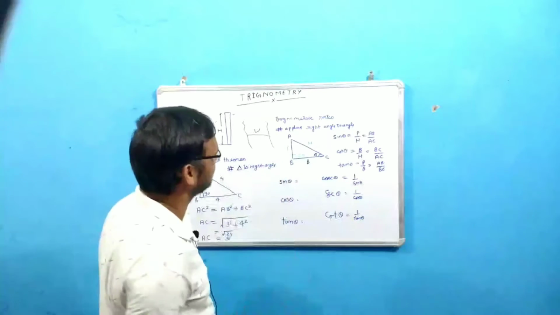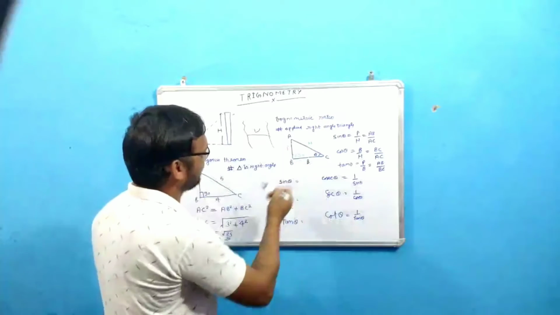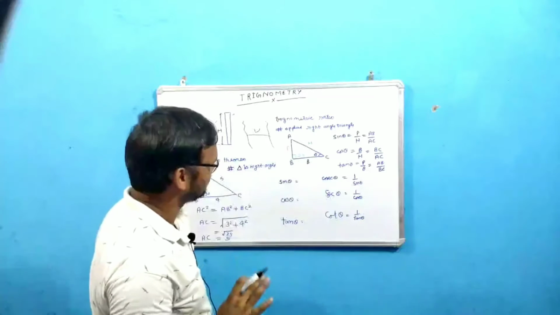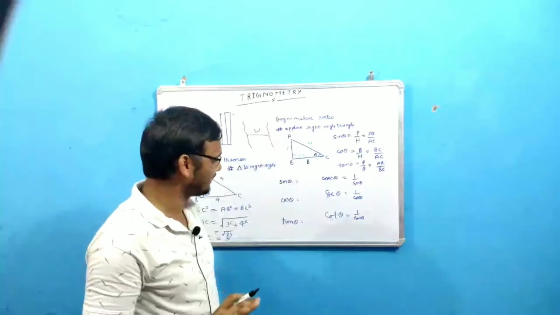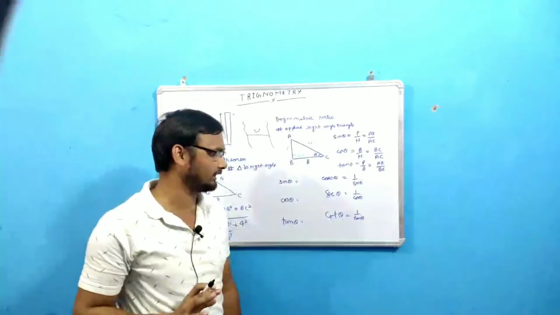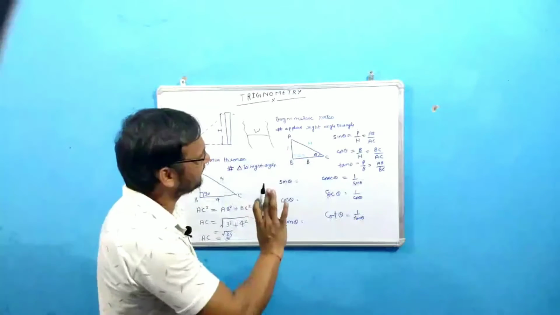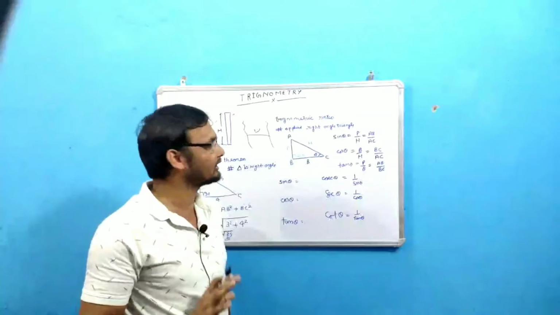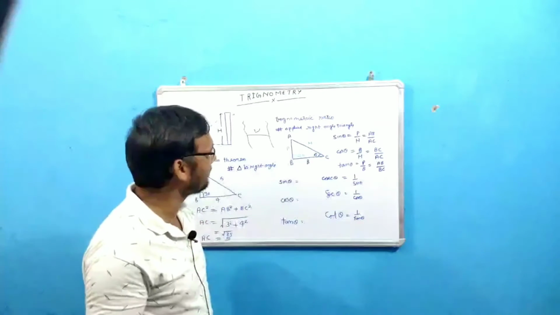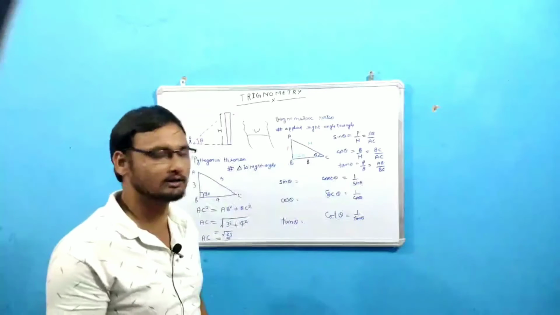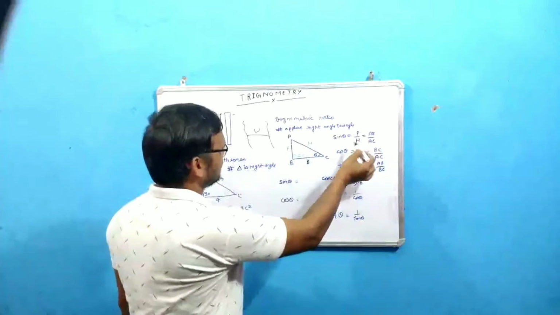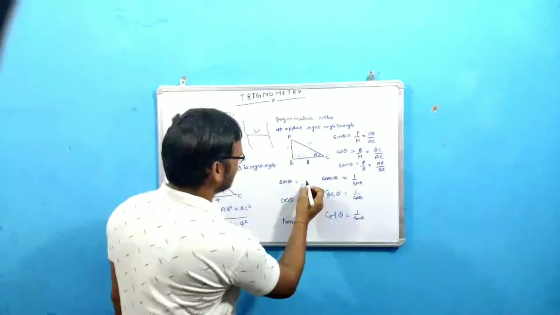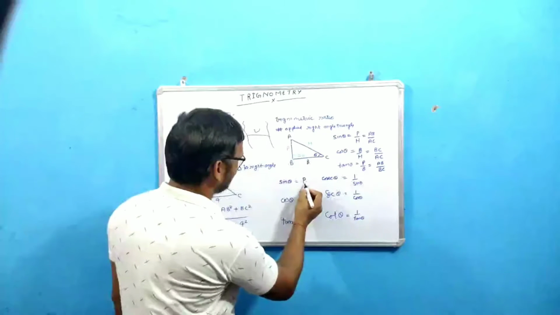We can represent these in different pens and colors. There are some ratios: sin theta, cos theta, tan theta, cosec theta, sec theta, and cot theta. First of all, we define sin theta. Sin theta is the ratio of perpendicular upon hypotenuse, means P upon H, means AB upon AC.